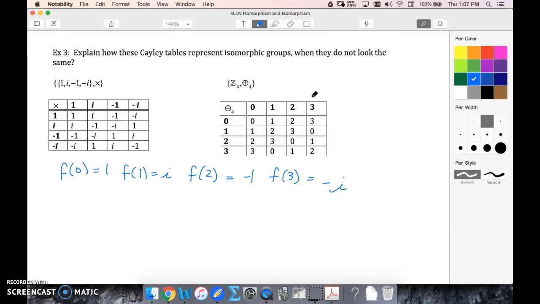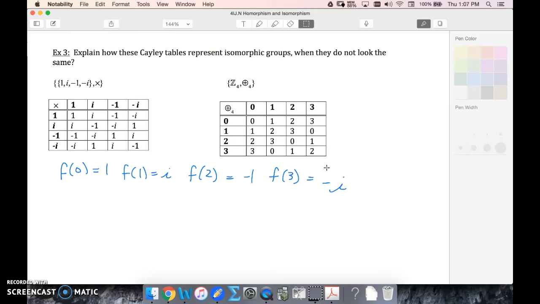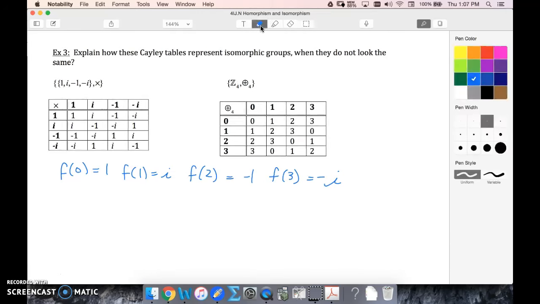Yeah? So if I have this function, then I end up having exactly the same structure. So again, we could talk about that in words.